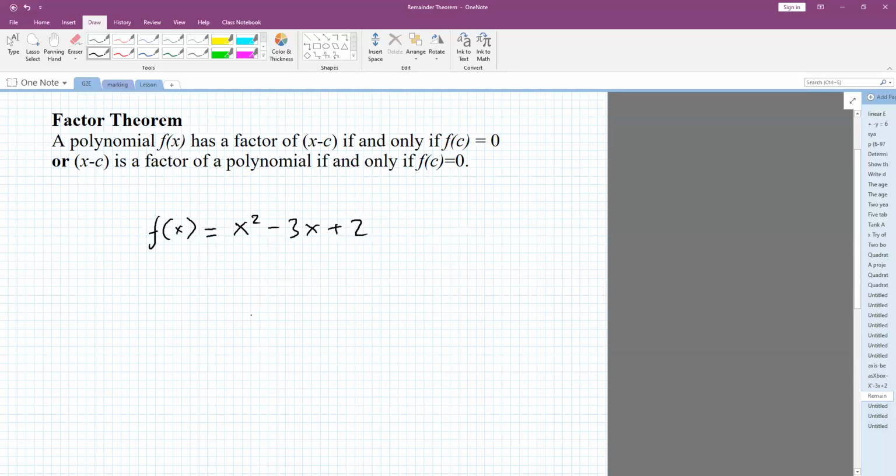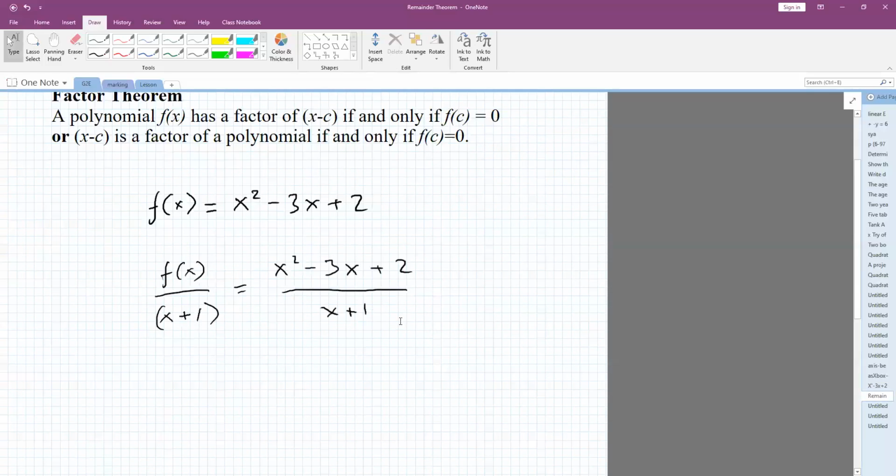Let's suppose you divide f(x) by, for example, x plus 1. So let's divide this polynomial by x plus 1. We are doing this division now, x squared minus 3x plus 2 divided by x plus 1. Now the question is, how are we going to divide this?